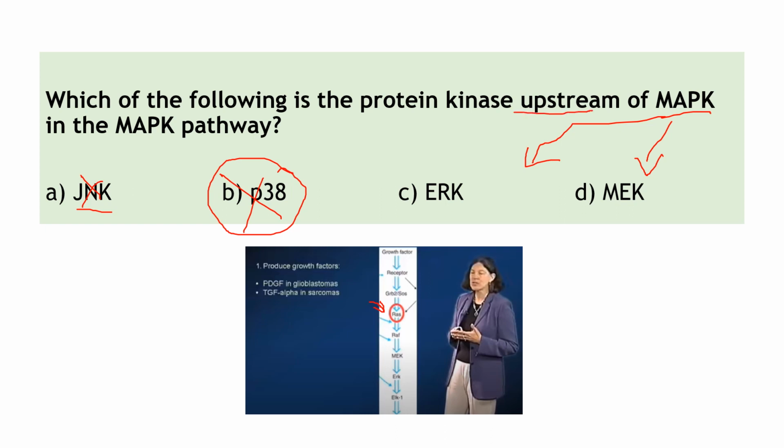Upstream will be the one that is higher, and here you can see that MEK is higher than ERK. Both are correct and both belong to this pathway, but the one that is upstream is here. If they were asking for the one that is downstream, in this case it would be ERK. Okay, pretty easy.